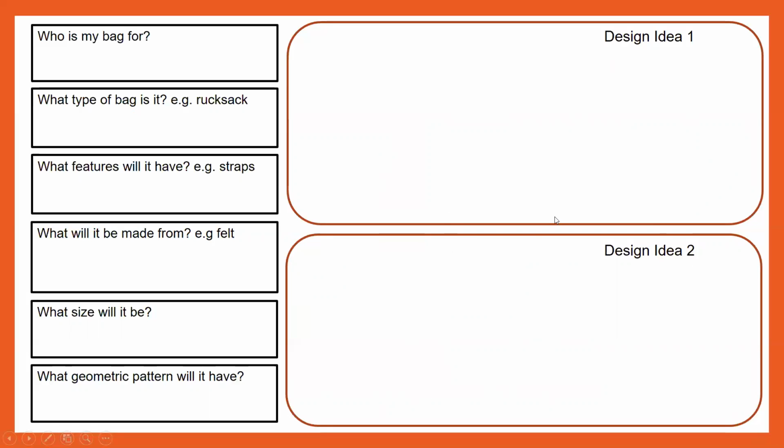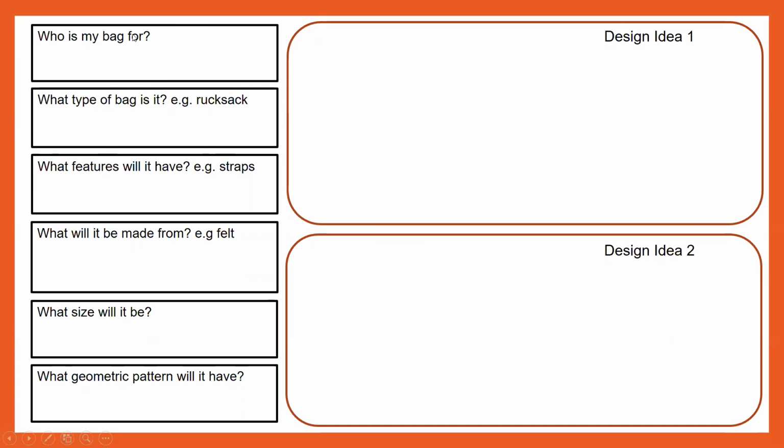Once you've drawn your design ideas, you then need to have arrows coming out, labeling the different parts. Okay, so thinking about which part is going to be felt, which part will need to be joined using PVA, all of those things.